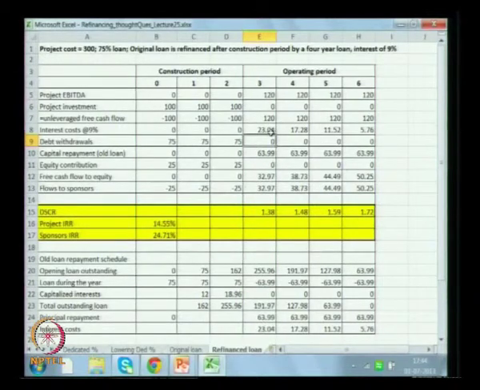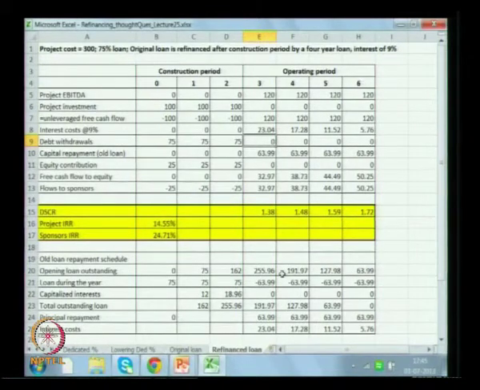Similarly, we will have to calculate the interest cost on the loan outstanding at the beginning. Okay. The loan outstanding at the end of year 3 was 191.97, because we have paid a principal of 63.99 during the year, and this outstanding loan at the end of year 3 becomes the opening outstanding in year 4, 191.97.